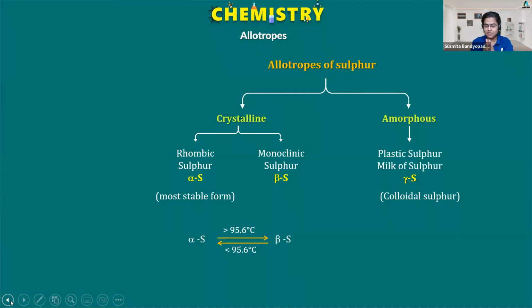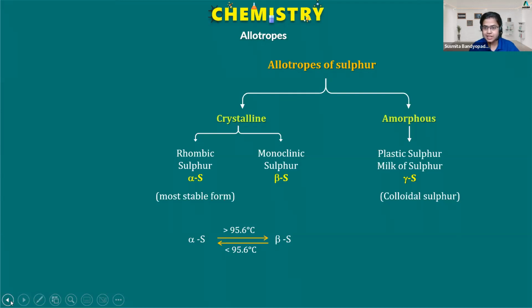Exactly, Faizan, you're absolutely correct. So that's a transition temperature. Above it, sulfur remains in the beta form, which is the monoclinic form. Below it, it remains in the rhombic form. Fine. Thank you so much.